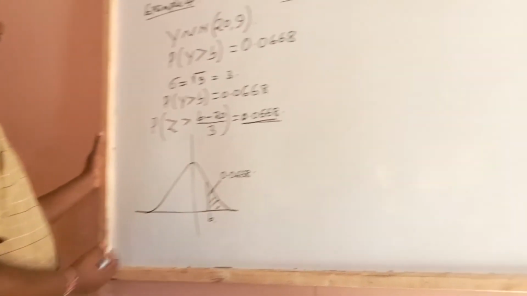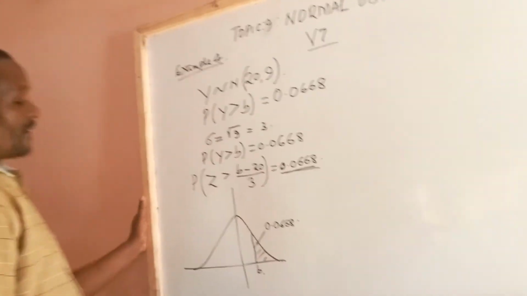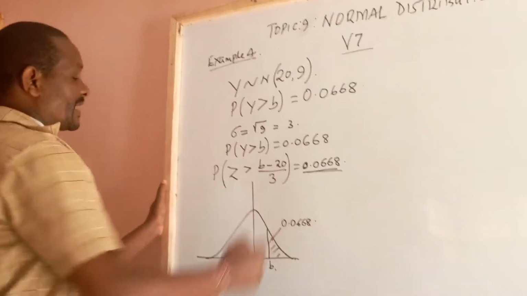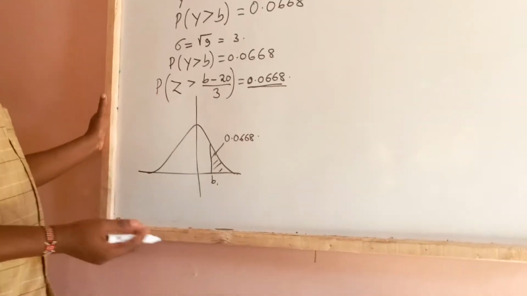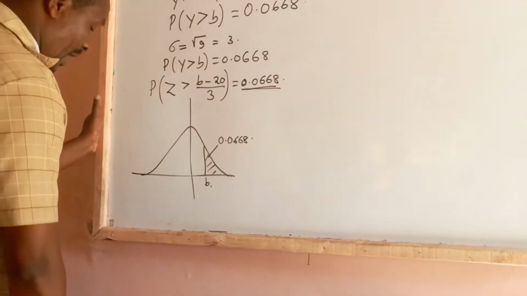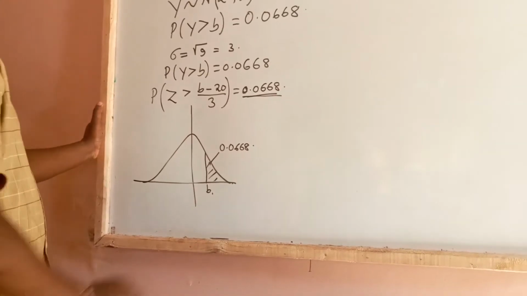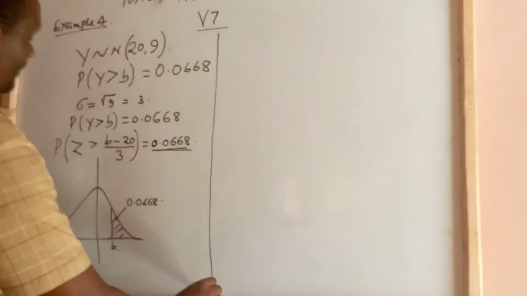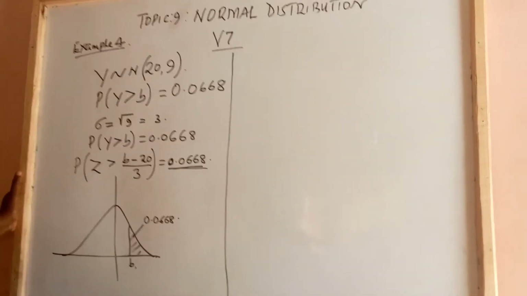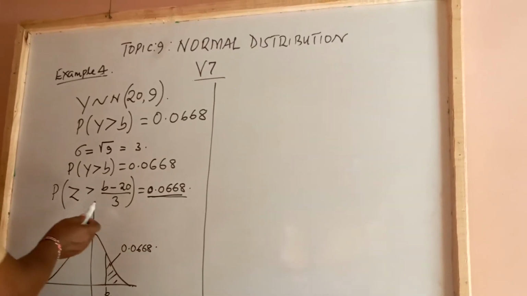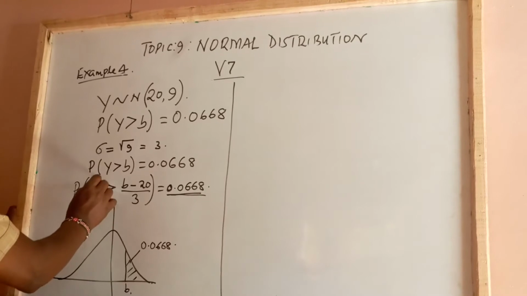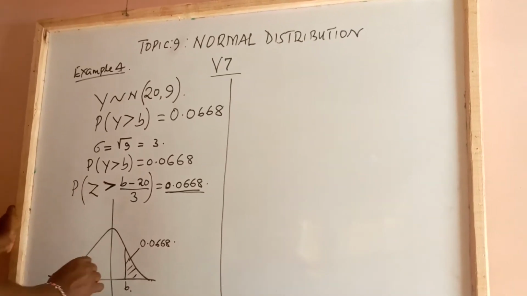And because in the table we don't have the probability of Z greater than, we now have to bring in 1 minus, for us to bring in the Z less than.